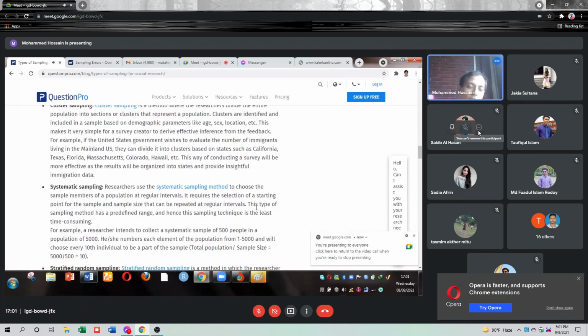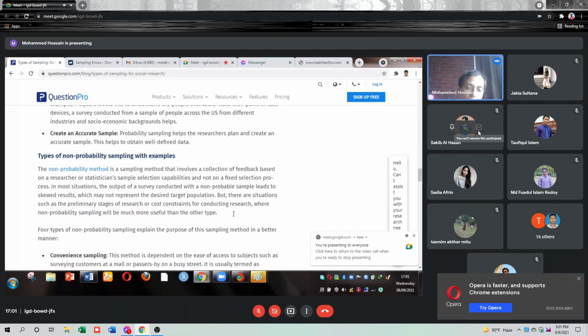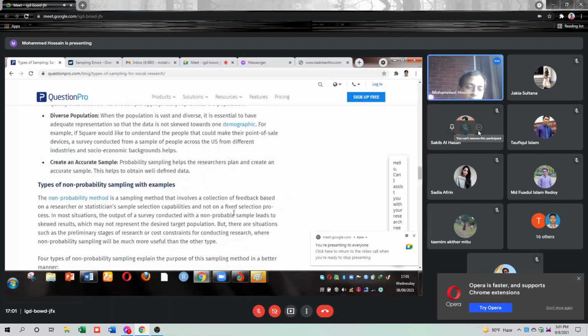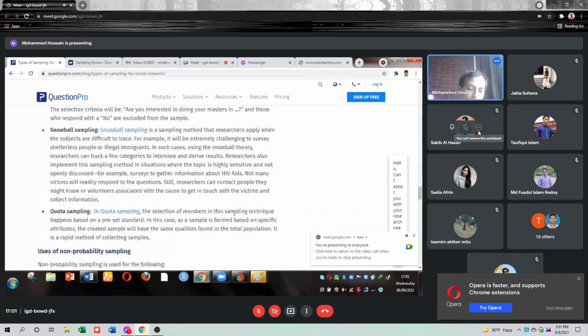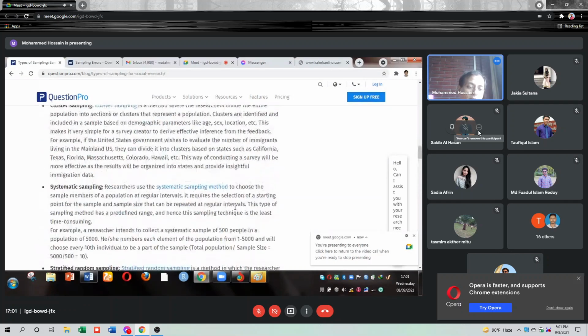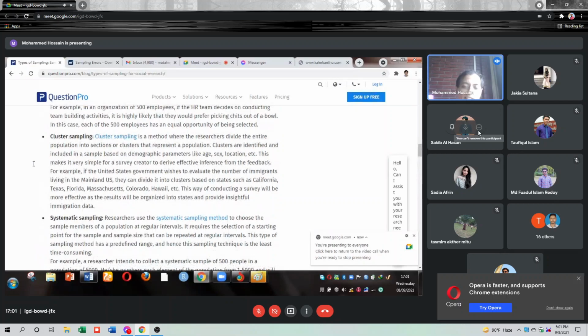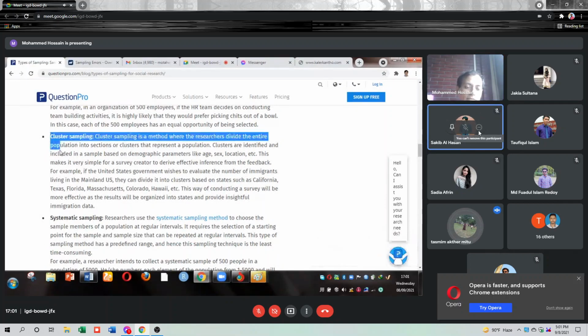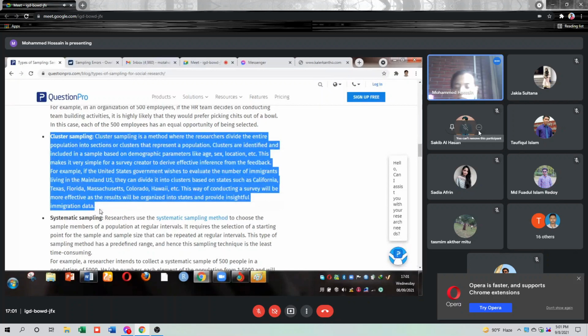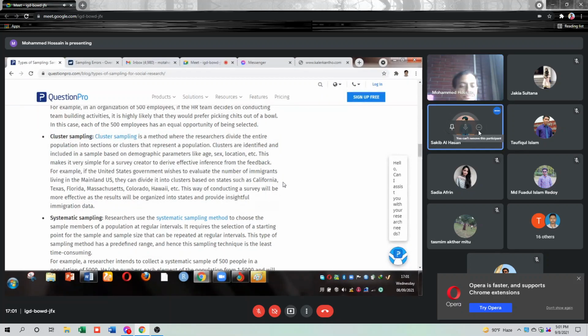You can also see the definition from here. What is actually cluster sampling? Can you see my screen? Sakib Alasan, can you read please? Cluster sampling is a method where researchers divide the entire population into sections or clusters that represent a population.